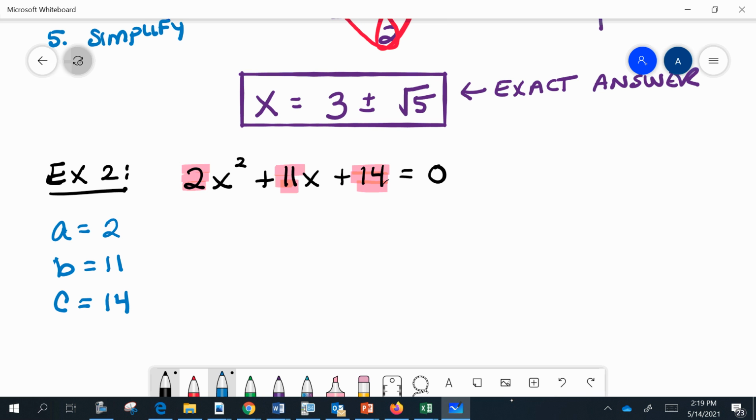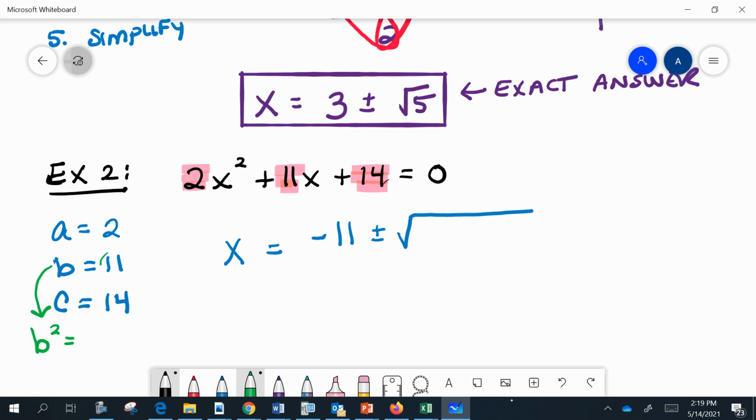All right, so the second thing I do is I just plug it into the quadratic formula, the a, b, and the c. Okay, it's going to look like this. It starts with saying opposite of b. So the opposite of b is going to be negative 11 plus or minus the square root. Now, again, I kind of talked about this before. Now I need to do the b squared. What is the b squared going to be?